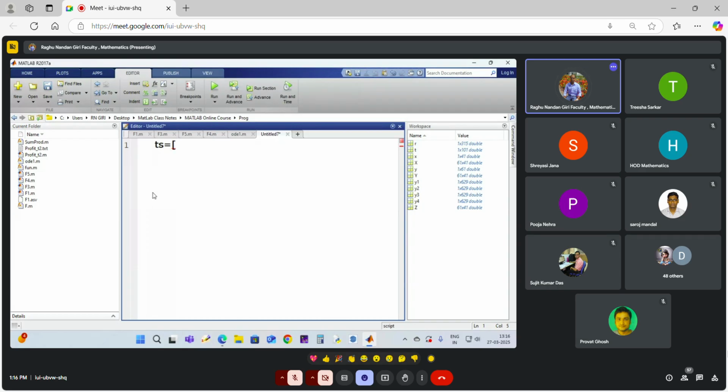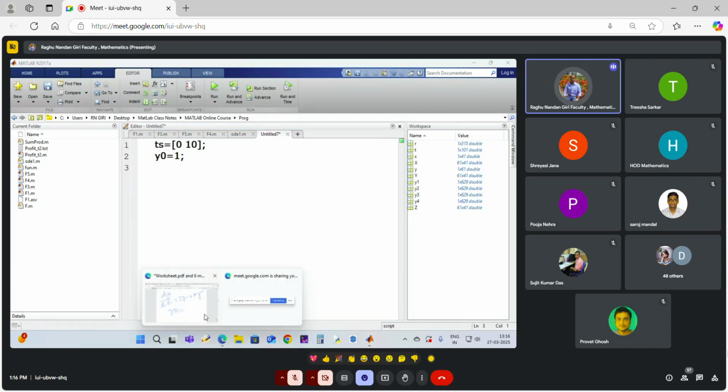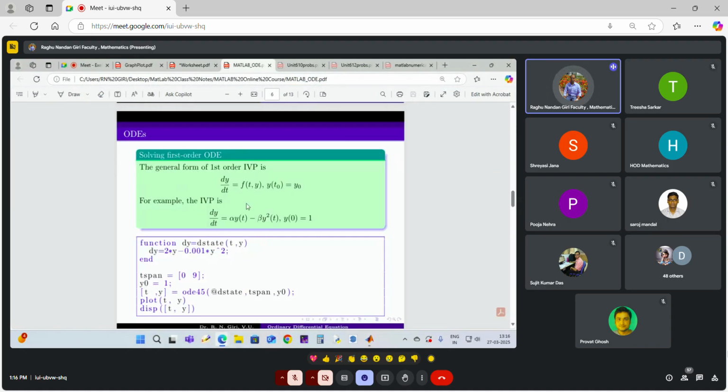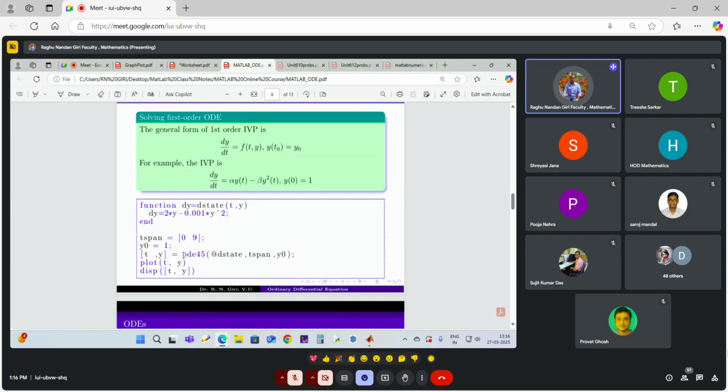Suppose this time span is 0 to 10, and the initial value y0 equals 1. Then for the function solver, suppose ODE45. This is the solver.